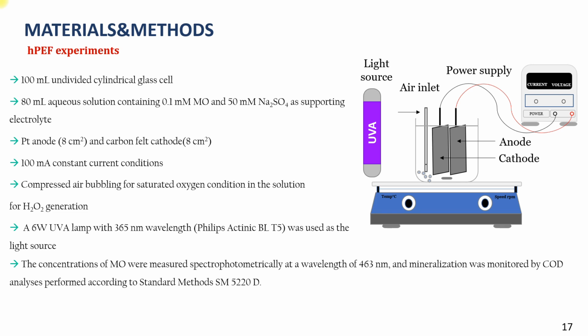We have used a platinum anode and a carbon felt cathode, with a constant current of 100 milliampere. And also in the photocatalytic processes we have used a 6 watt UVA lamp with a 365 nanometer wavelength. Concentrations of methyl orange were measured spectrophotometrically, and mineralization was monitored by chemical oxygen demand analysis.